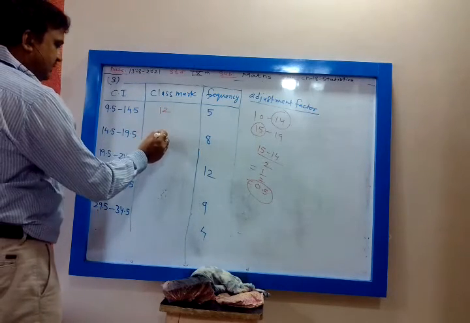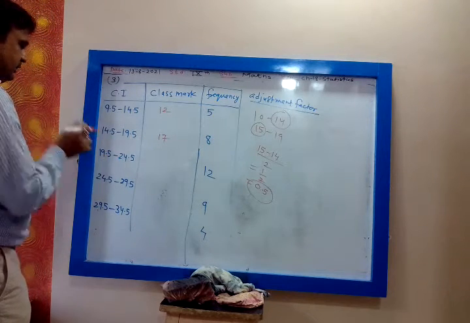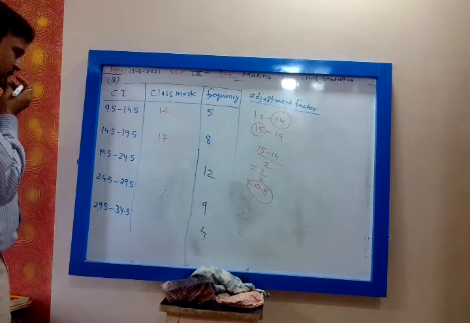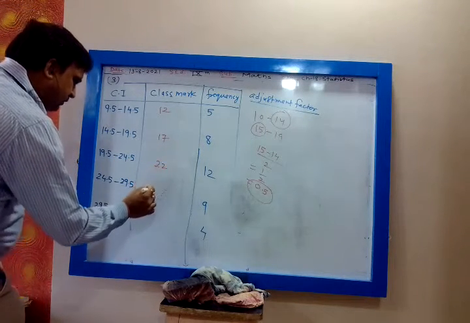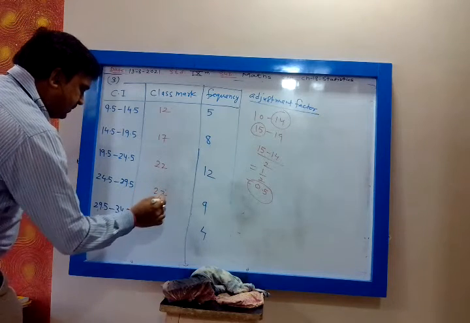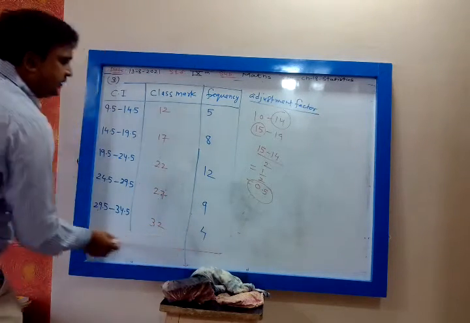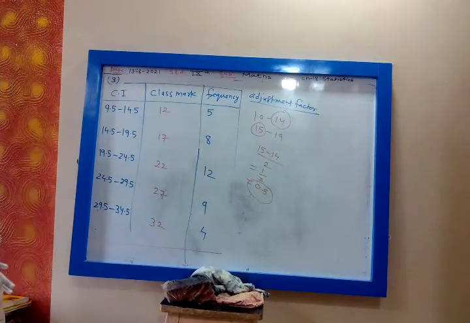This is 17. 19 plus 24 is 43, 44. This is 22. Then 27. Then 32.